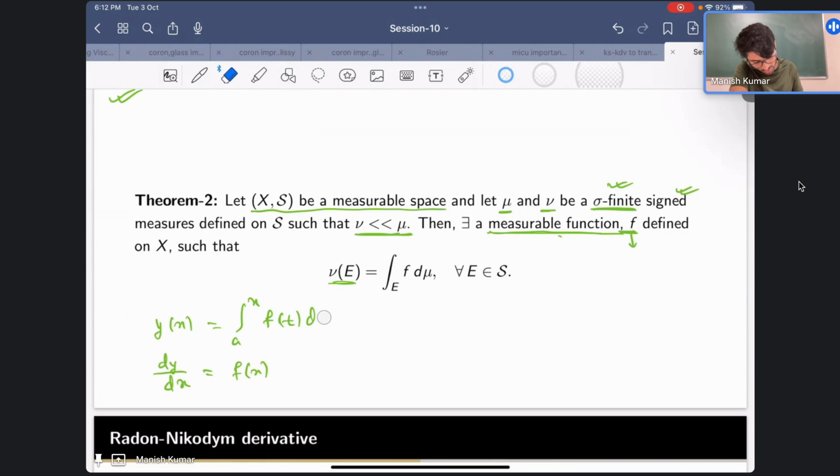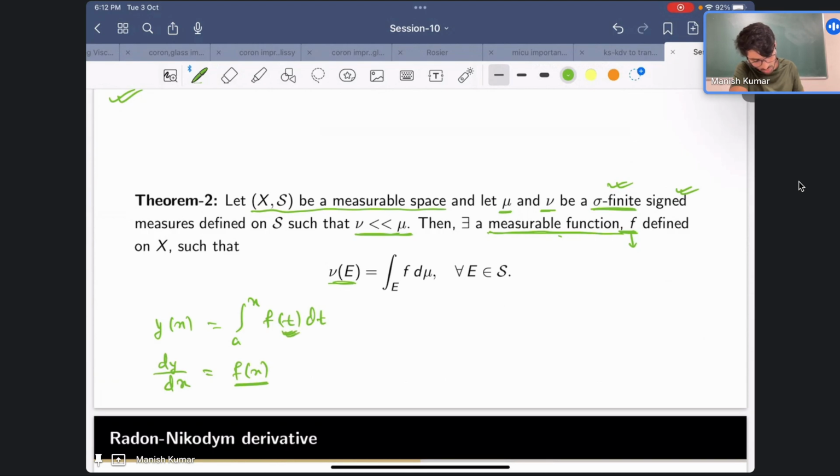I'm just trying to make you understand what this derivative is. Let us call this dm1 of t, which is just the Lebesgue measure. This is Riemann integration as of now. So you know that dy by dx is f of x, and f is this quantity.